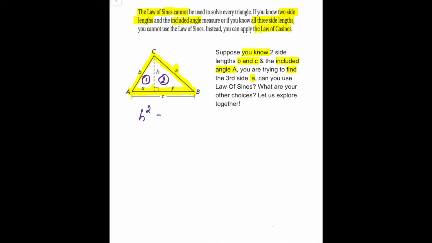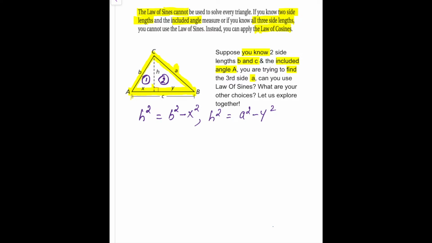H squared is b squared minus x squared, using the Pythagorean theorem from right triangle number 1. And for the second right triangle, h squared is a squared minus y squared using the Pythagorean theorem.